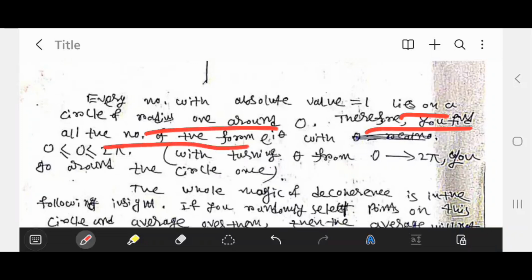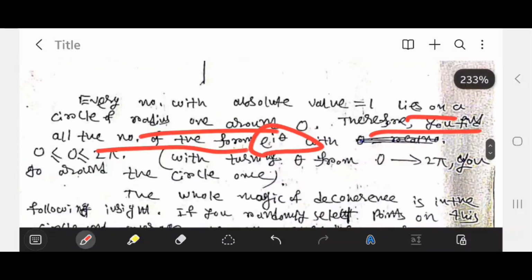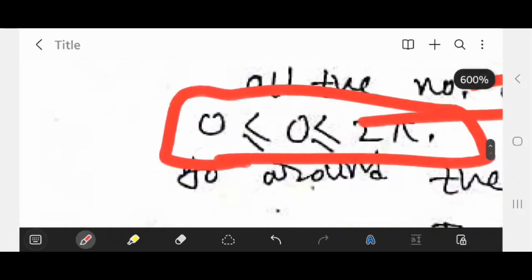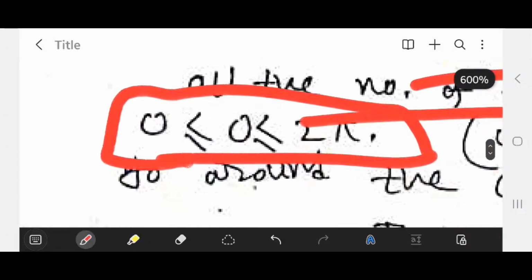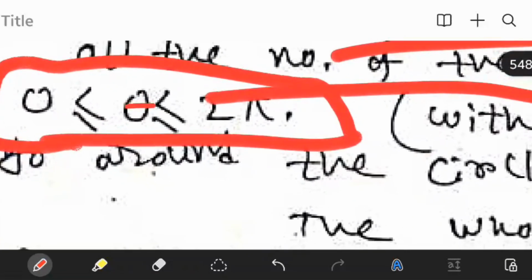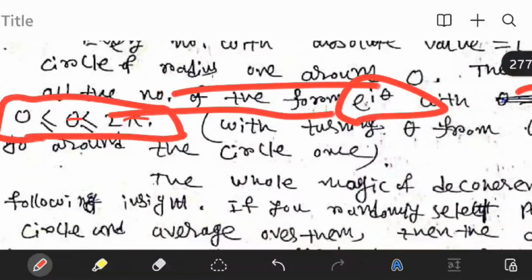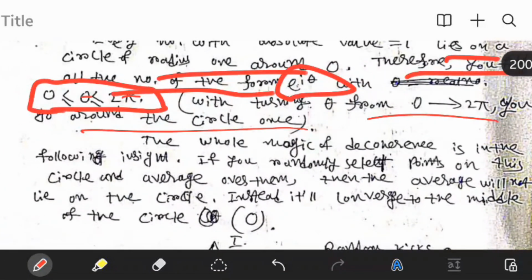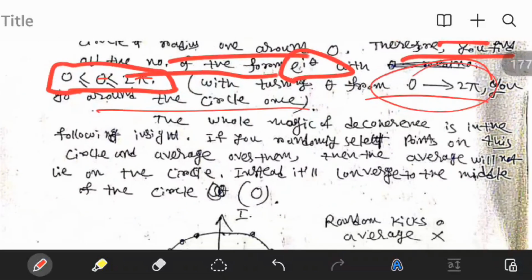Therefore you will find numbers of the form e to the power i theta, which is cosine theta plus i sine theta, for theta greater than or equal to 0 and less than or equal to 2 pi. It will form a circle when you go from 0 to 2 pi.